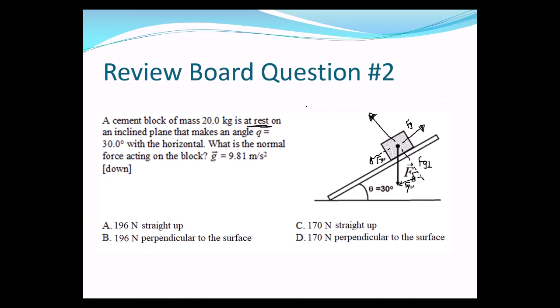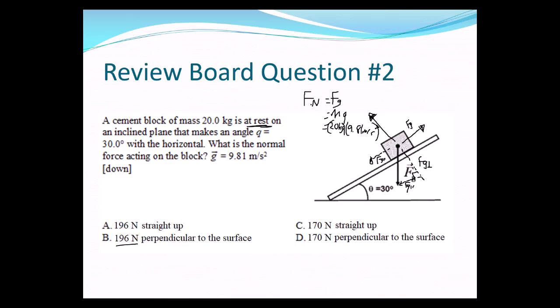So what a lot of people will do in this question is they'll say that force normal is equal to force of gravity, right? And they'll just say, oh, well, force of gravity equals mg, so 20 kilograms times 9.81 meters per second squared. And they'll say, okay, 196. So that's wrong. That's not what you want to do.